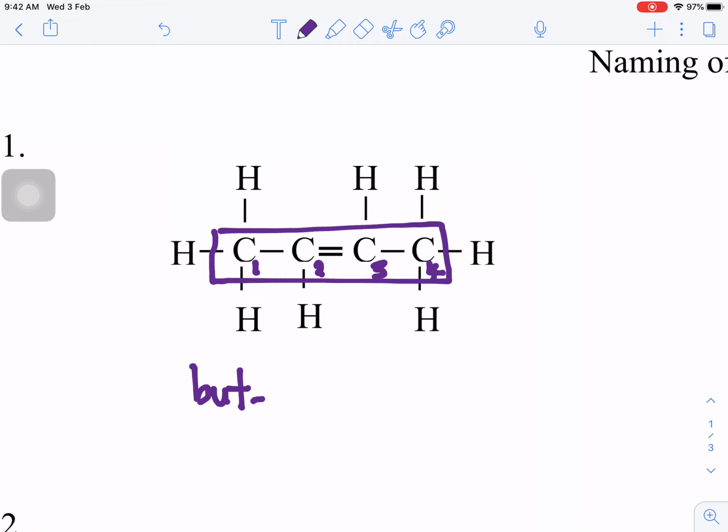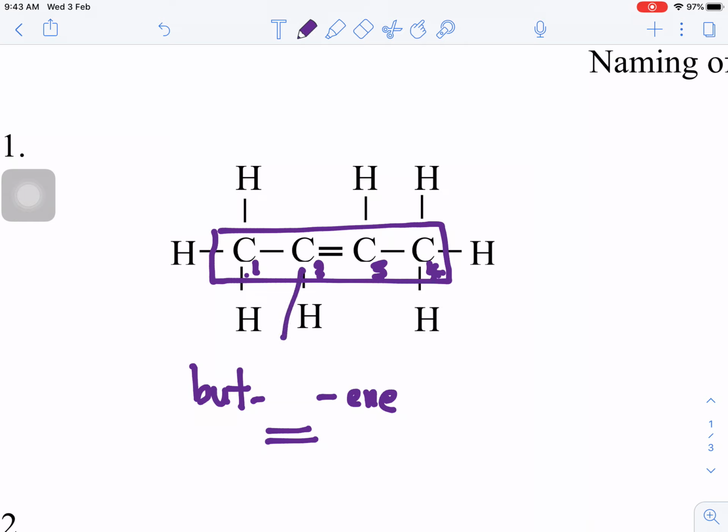So the ending of the name must be -ene. Here we must locate where the carbon-carbon double bond is. Carbon 1, carbon 2, carbon 3, carbon 4. At carbon 2, we have the carbon-carbon double bond. So we must write but-2-ene.